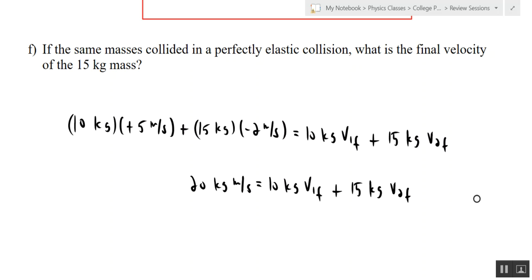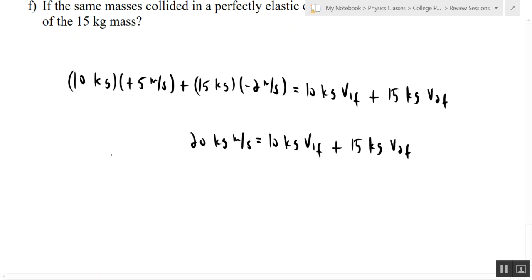So what else do you need to do for elastic collisions? You need to use the equation that conserves kinetic energy, right? Because kinetic energy is conserved in an elastic collision. Does anyone know that equation? It's on your equation sheet.